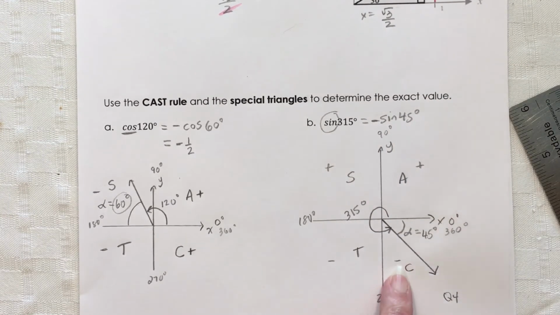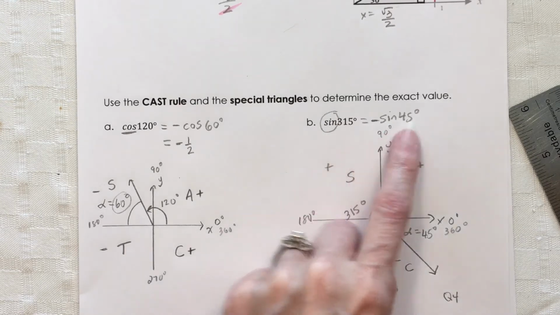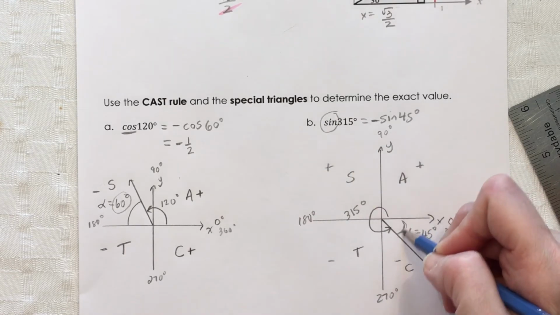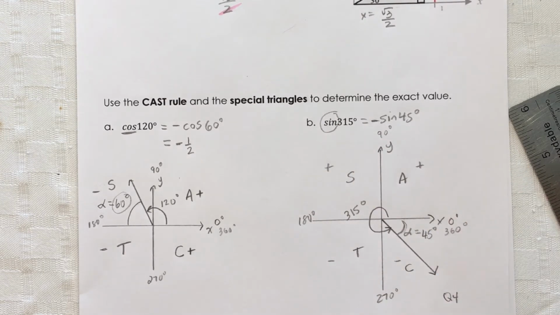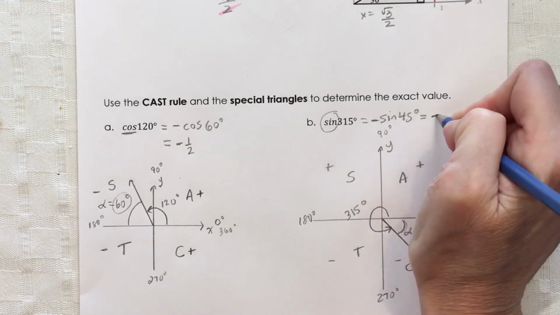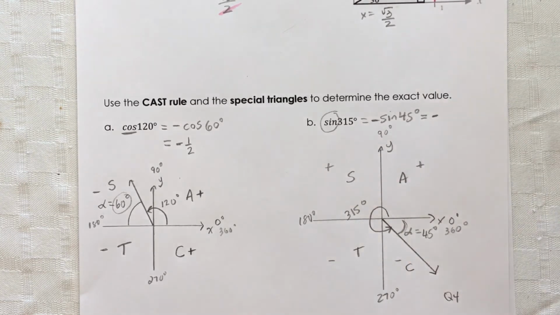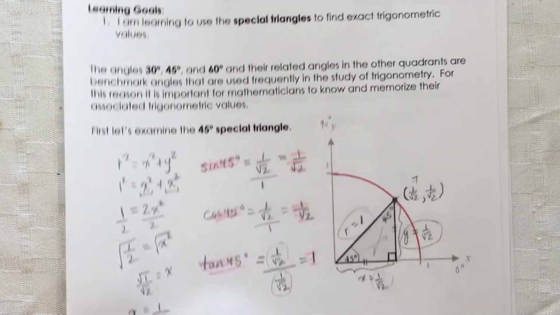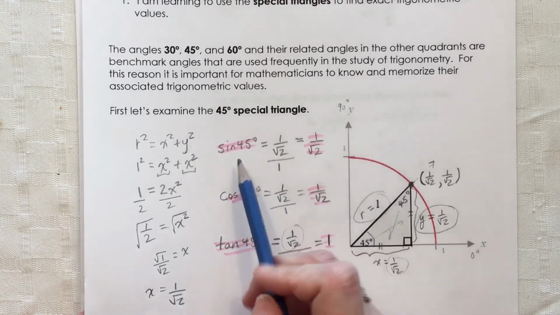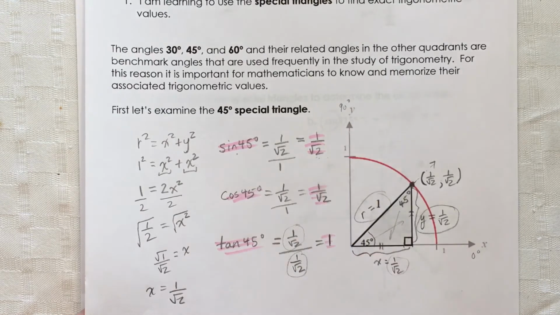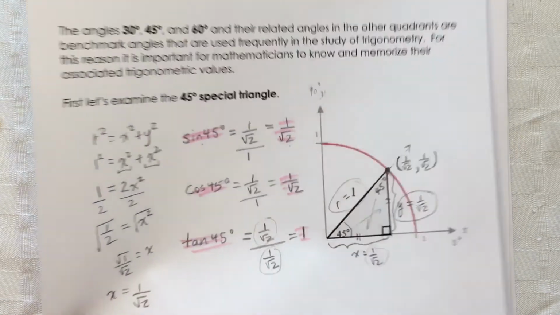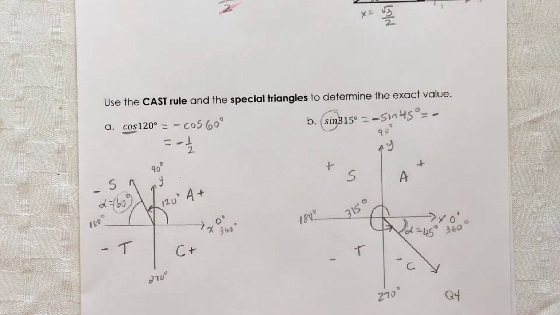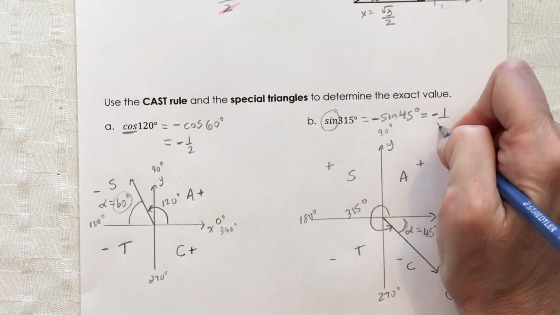So negative because sine's negative in the fourth quadrant, and 45 because the related angle is 45 degrees. And that's negative. Well, what was the sine of 45 degrees? So that was our first special triangle. So if you look at it here, the sine of 45 degrees was 1 over the square root of 2. It's our isosceles triangle. So negative 1 over square root of 2.